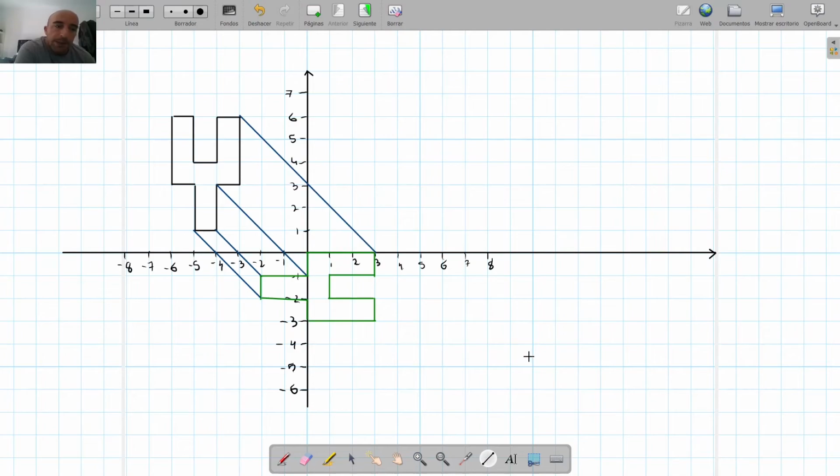Our mirror line has to be at the same distance from the two points, so we could draw the perpendicular bisector of these straight lines. The perpendicular bisector of this line and of this line would be the same one.